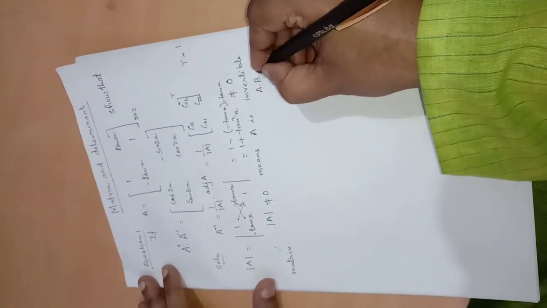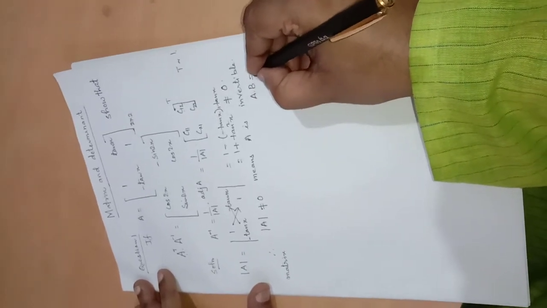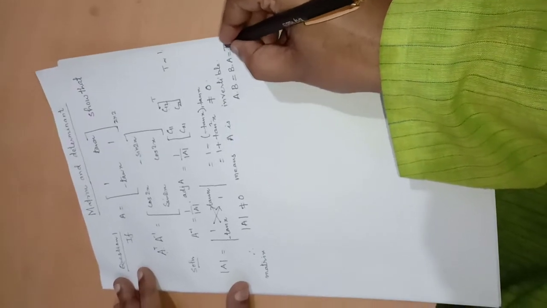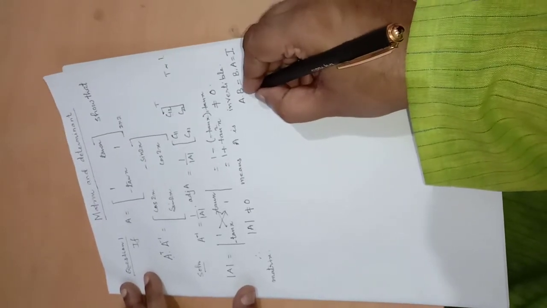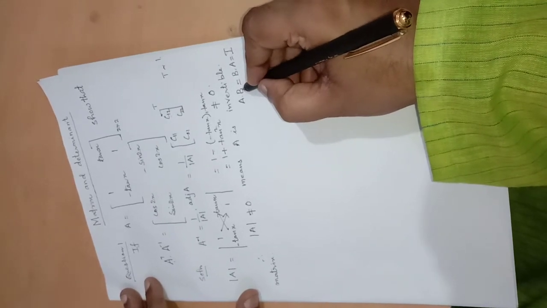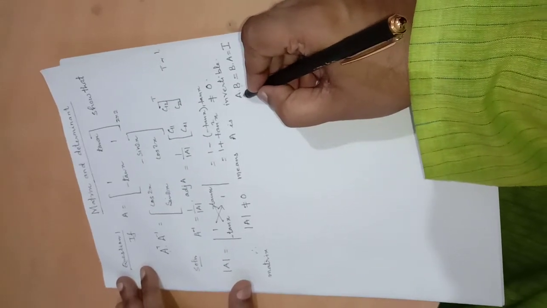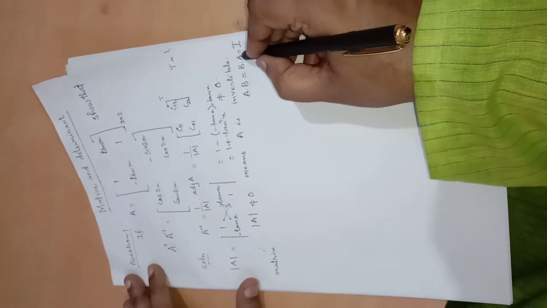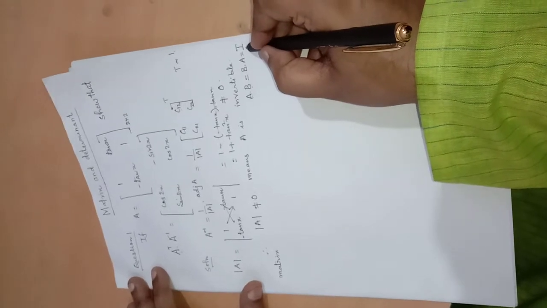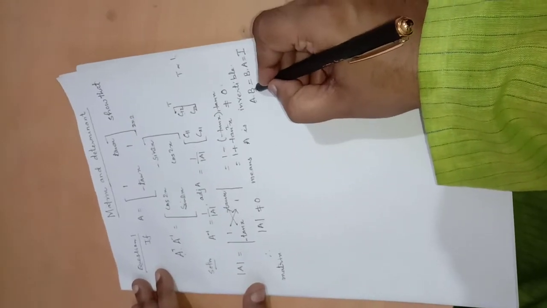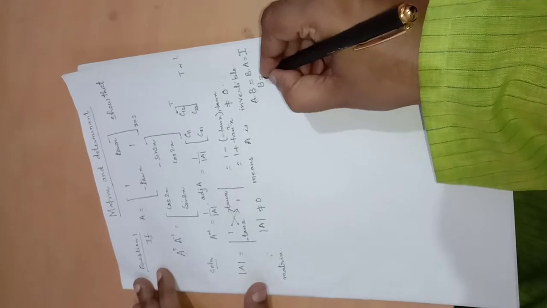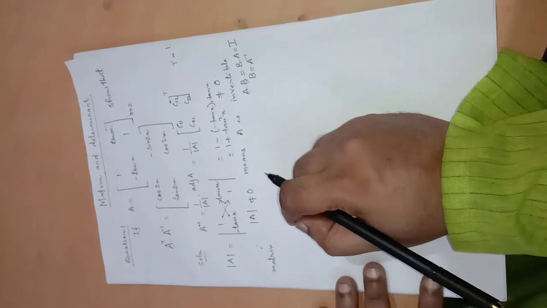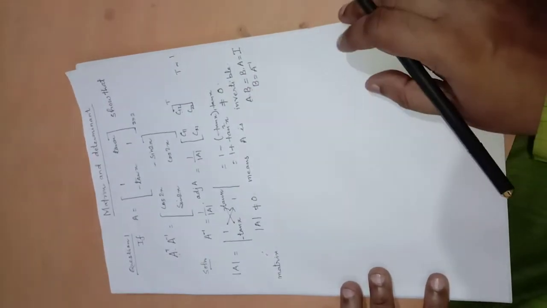A dot B, meaning their multiplication, or B dot A, if it is equal to the identity matrix of the same order, then B is the inverse of A. B is equal to A inverse. We will discuss what is the inverse of a matrix in another topic.